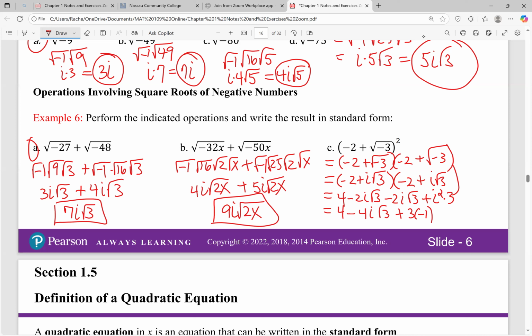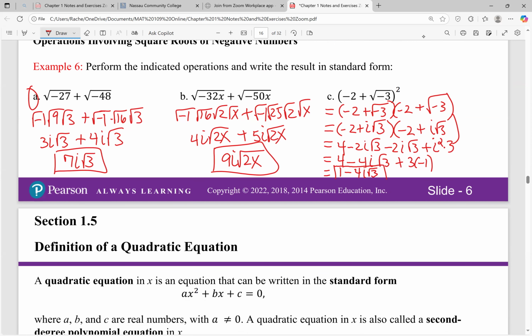So really 4 minus 3, which is 1, and then minus 4i radical 3. And that would be my answer in standard form, because 1 is the real part, and then the 4 times i times radical 3 is going to be the imaginary part.